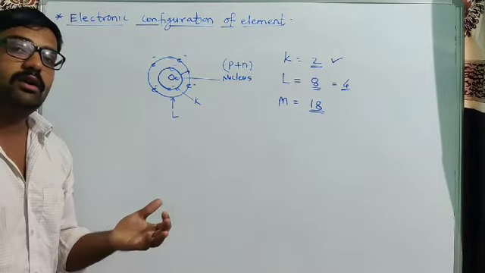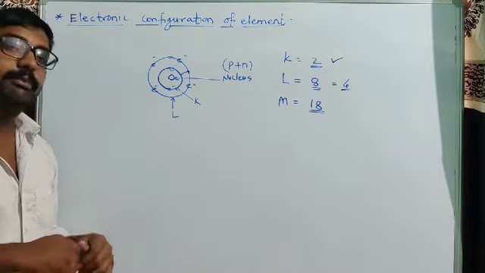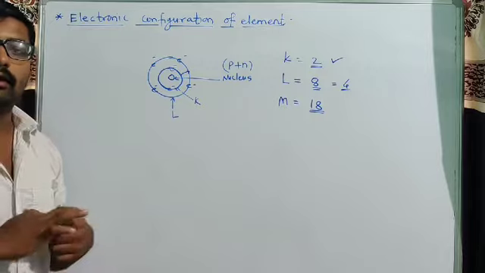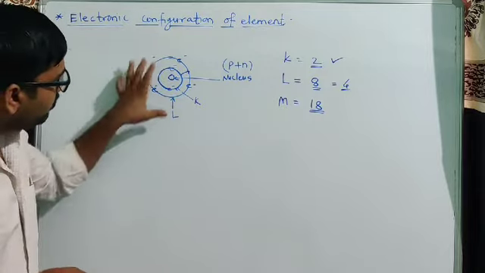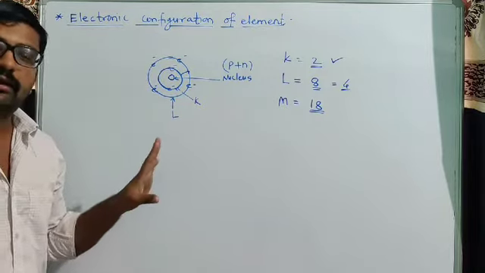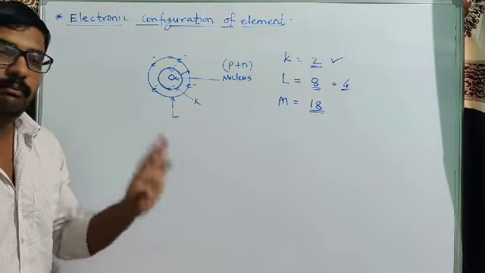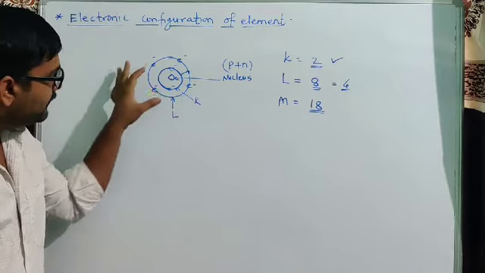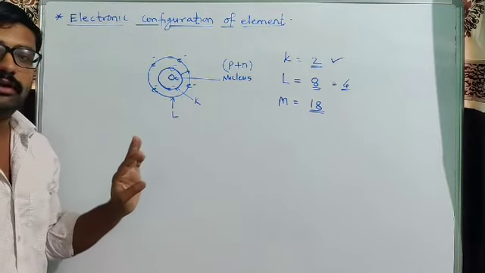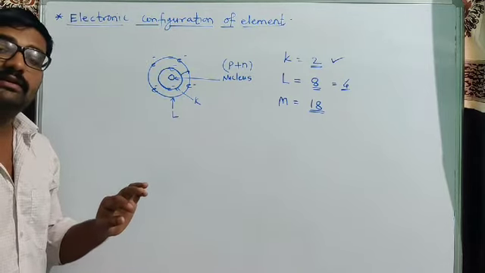This concept tells us one thing: whatever electrons are present in a particular atom are arranged in some particular manner. They are not randomly placed in shells. There are certain rules.